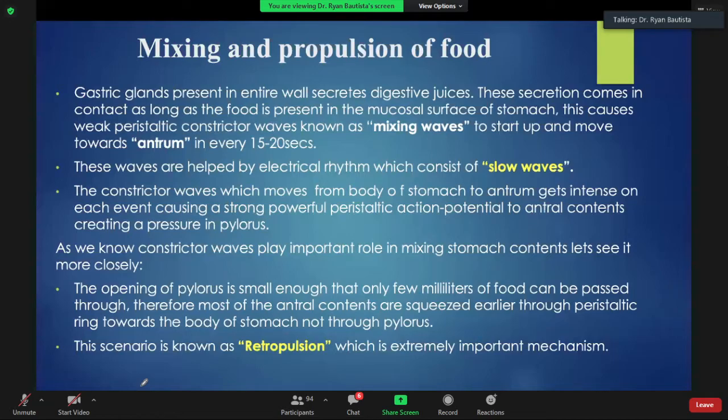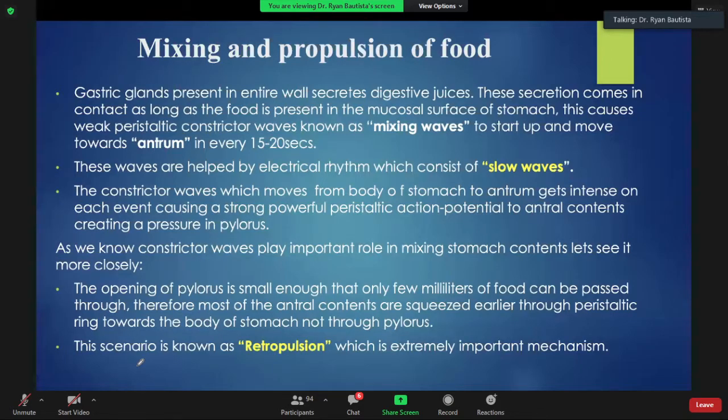So every time it contracts, it will only send a small amount of chyme or food products into the duodenum. Most of it will go back. It's like squeezing this, right? If you squeeze this, most of it will go to the duodenum, but some of it will go back to your stomach. So this is what they call the process of retropropulsion.